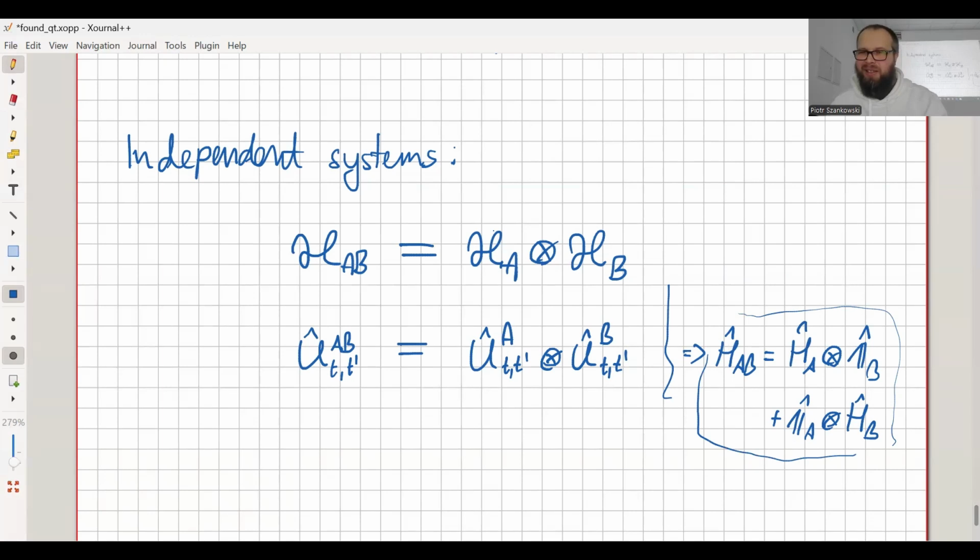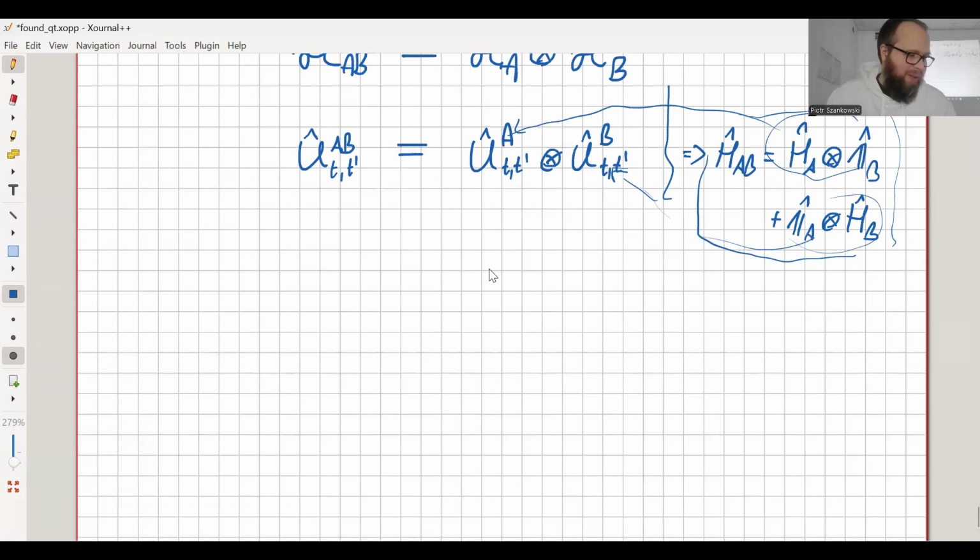The first part is the generator of evolution in A only, and this is a part that generates evolution in B only. So this guy generates this, and this guy generates this. Okay, and the same goes for everything else. So you would have an initial condition. If you want to have factorization of biprobabilities, the initial condition would have to have product form as well, right?